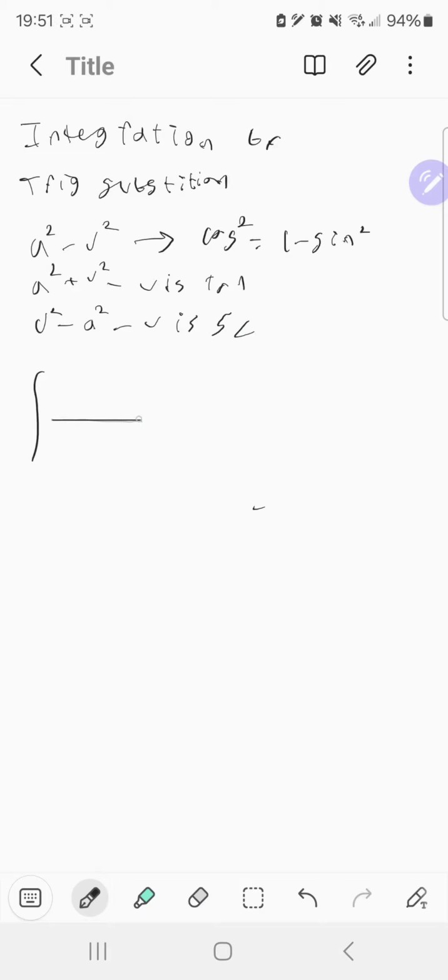Now, if we do a problem much like this, where it's the integral of dx over the square root of 4 minus x squared, well, this is 2 squared minus x squared, so we can write the square root of 2 squared minus x squared.